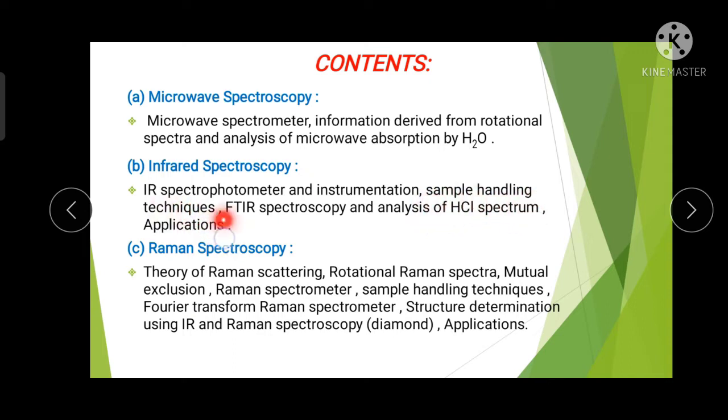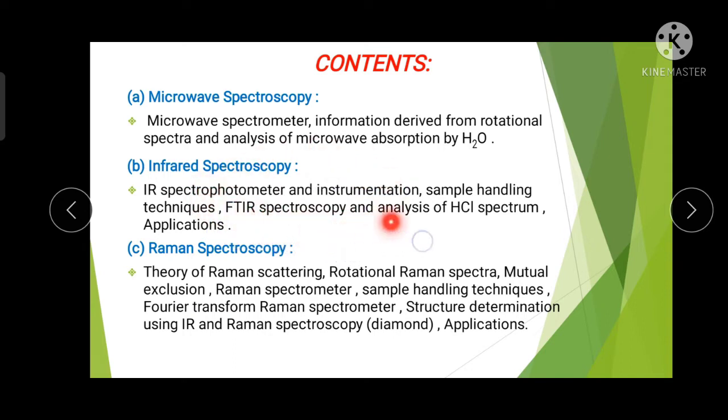Next is FTIR spectroscopy. FTIR spectroscopy is nothing but Fourier transform infrared spectroscopy, which again comes under infrared spectroscopy. Here the Fourier transformation is used to some extent, and then we get different results. All those things come under FTIR spectroscopy.